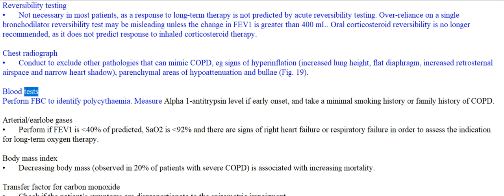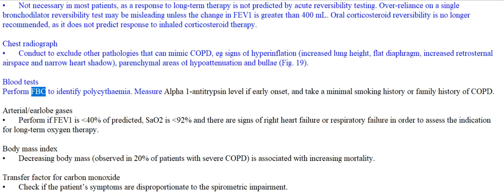Blood tests. Perform FBC to identify polycythemia. Measure alpha-1 antitrypsin level if early onset, minimal smoking history or family history of COPD.